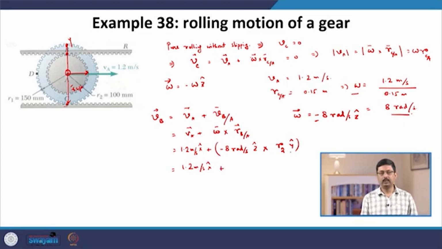Z cross y is minus x, and with the minus sign this gives x hat.